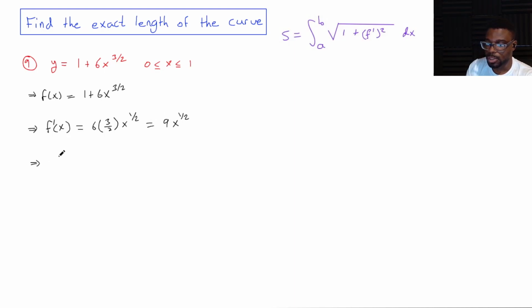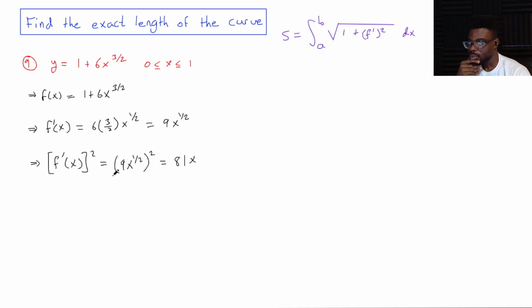And now what we're going to do is we're going to square the derivative. Right, so if we square this function, we're going to get 81 times x. Right, so let me write it like this. F prime squared is equal to 9x to the power of a half squared, which is 81x.